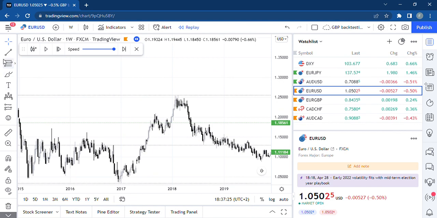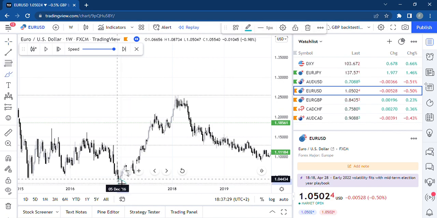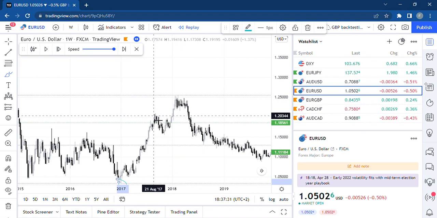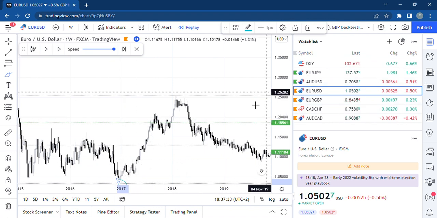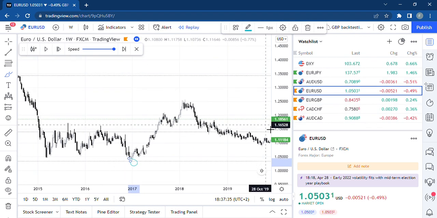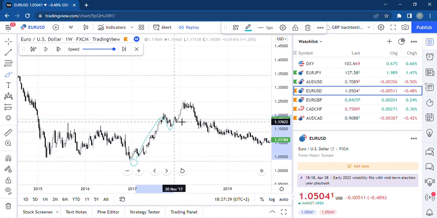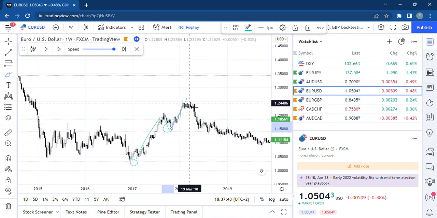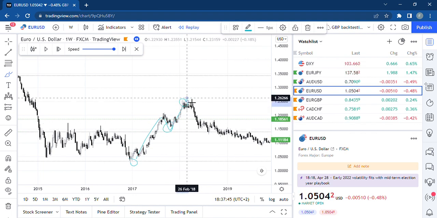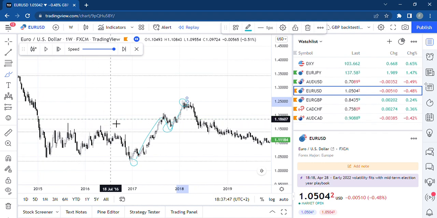Price moved from here to there. Boom, boom, boom. Low, high, right? Because we broke this.